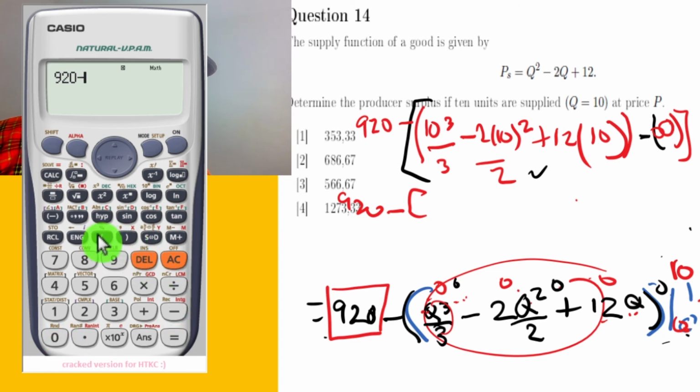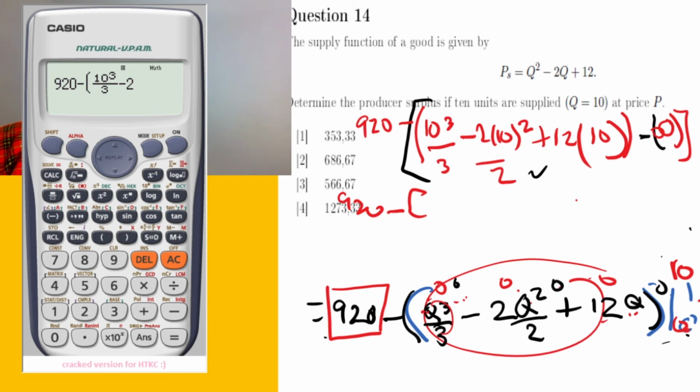920 minus bracket. The first one is q cubed, which means 10 cubed over 3, minus 2q squared over 2.